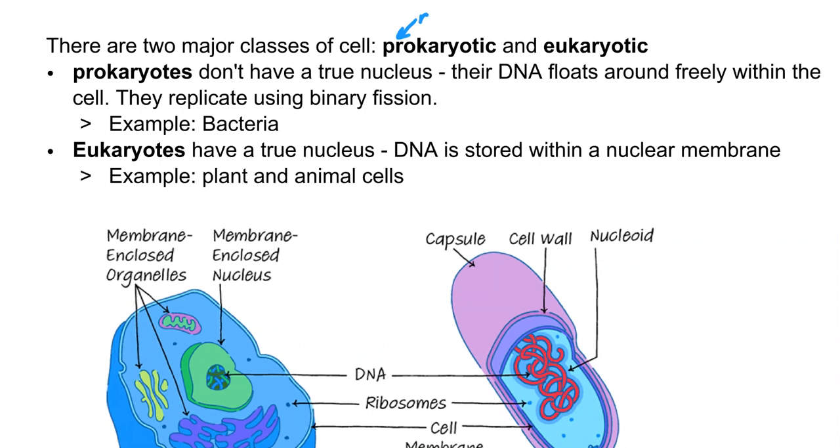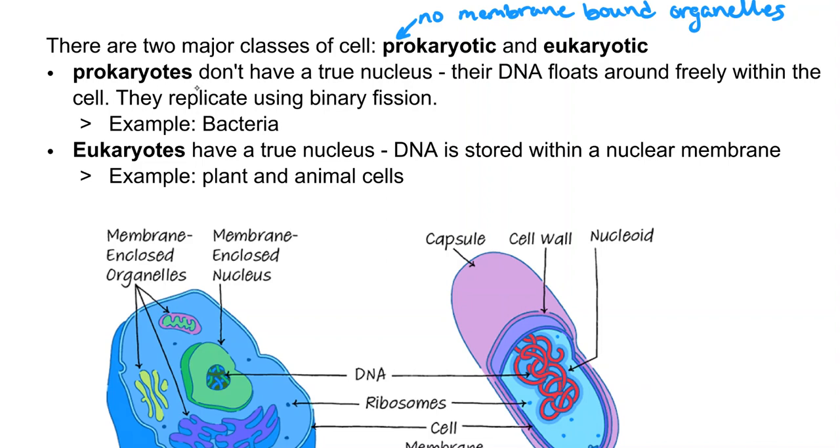Pro rhymes with no, and it means no membrane-bound organelles. So it's not going to have a nucleus. Eukaryotic, eu rhymes with do, so they do have membrane-bound organelles. That's the biggest difference between them.